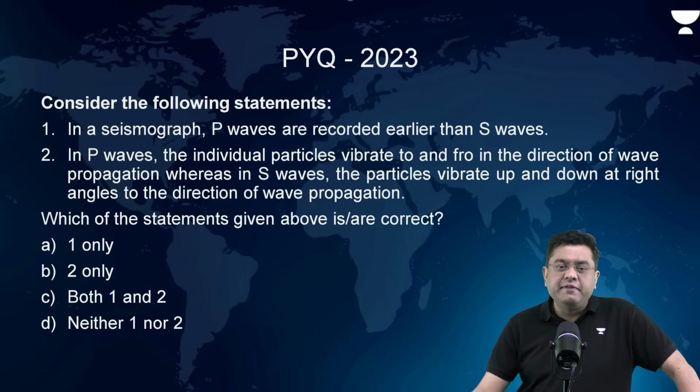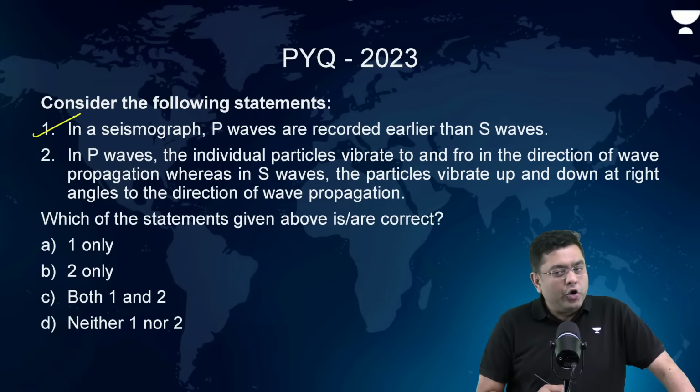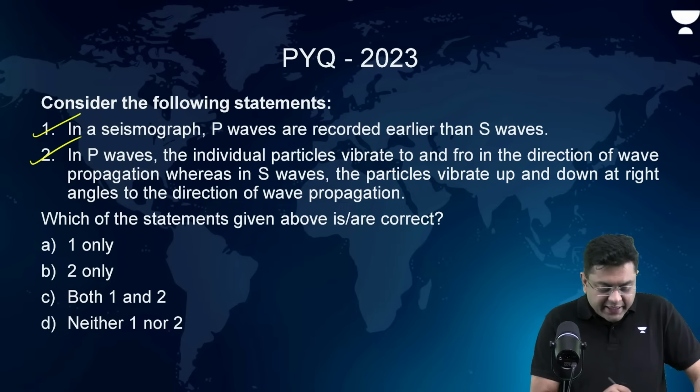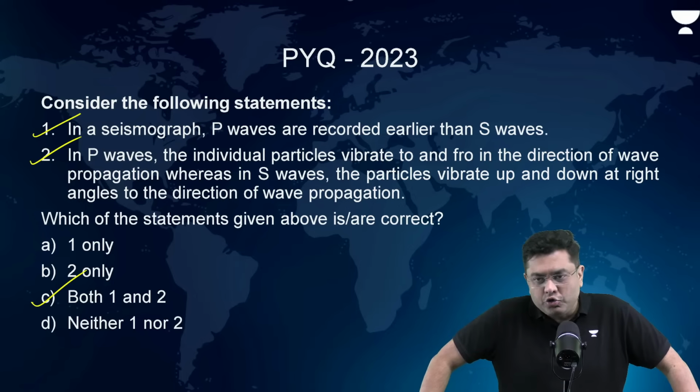Which of the statements given above is or are correct? I hope we know that P wave is faster, right? And also, we have seen direction of particle motion and the direction of wave propagation. This is also correct. So the correct answer is C, 1 and 2.